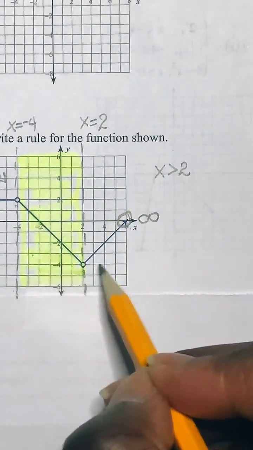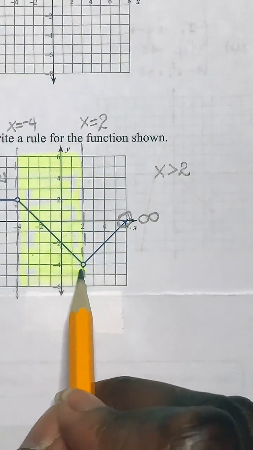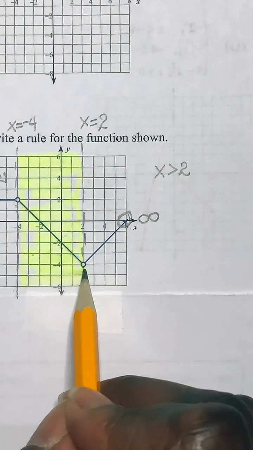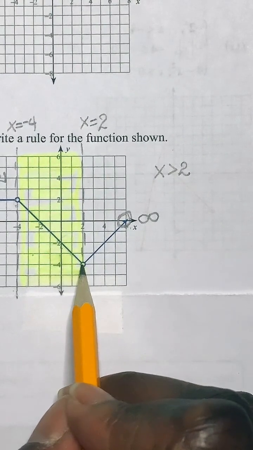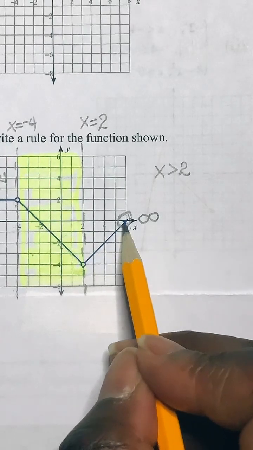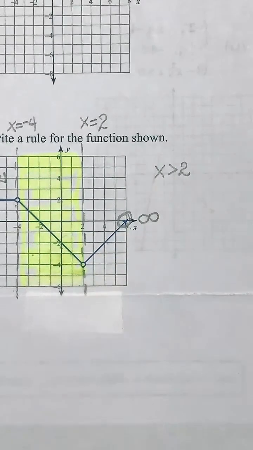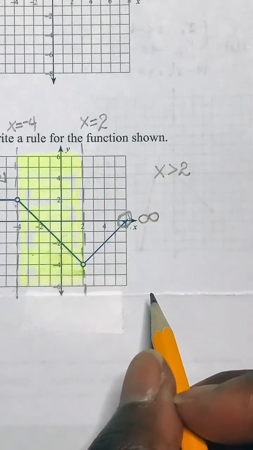We're only seeing a small snapshot. Since it doesn't have a solid, closed, filled-in circle here, that means it's not including 2. But it talks about 3, 4, 5, 6, all the way to infinity. Okay, so that's your x values.